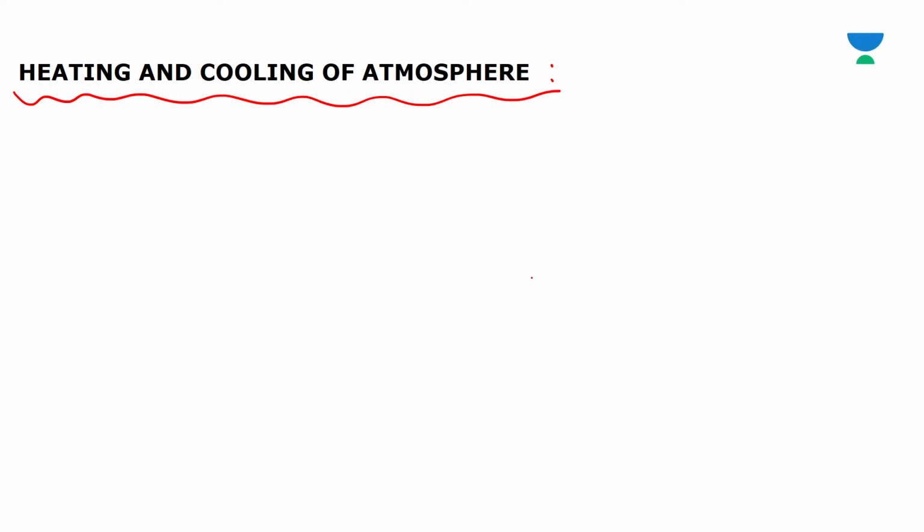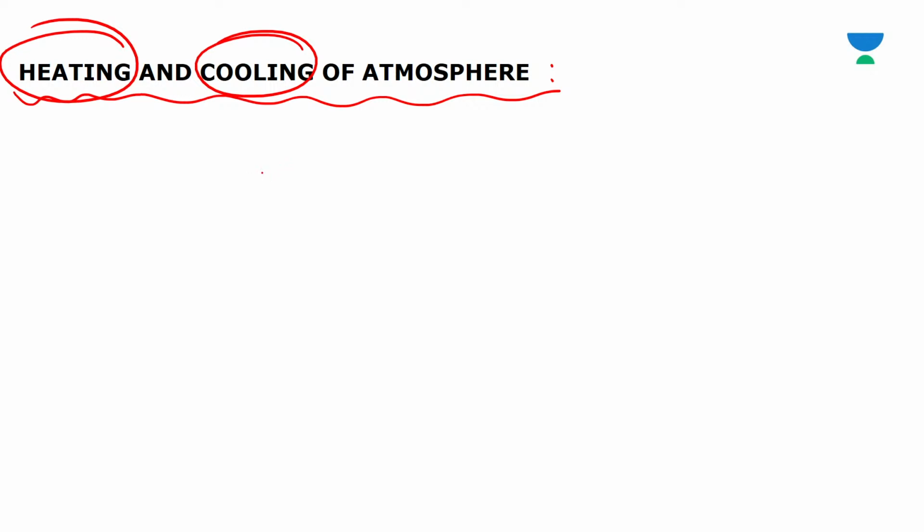Now friends, there are different ways of heating and cooling of the atmosphere. The earth, after being heated by insolation, transmits the heat to the atmospheric layers near to the earth in long wave form.